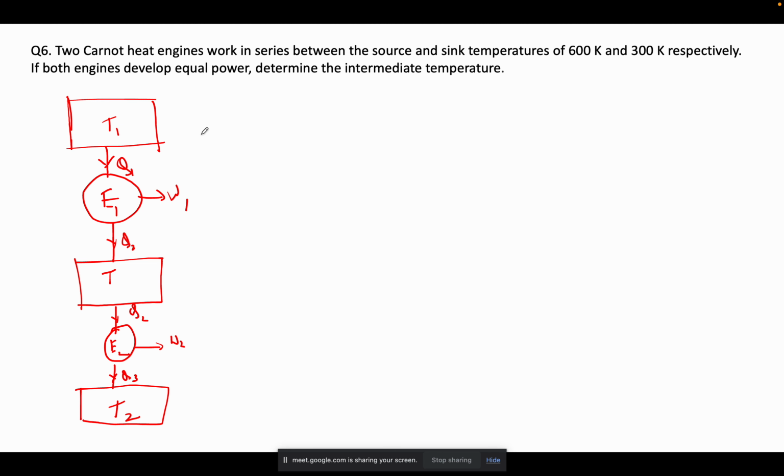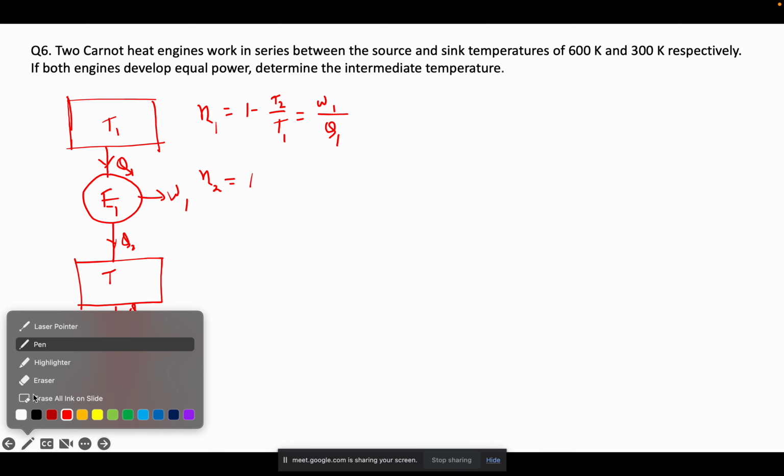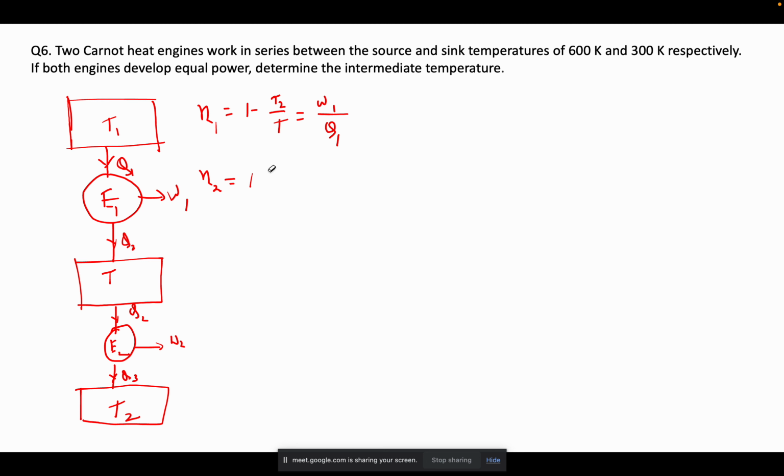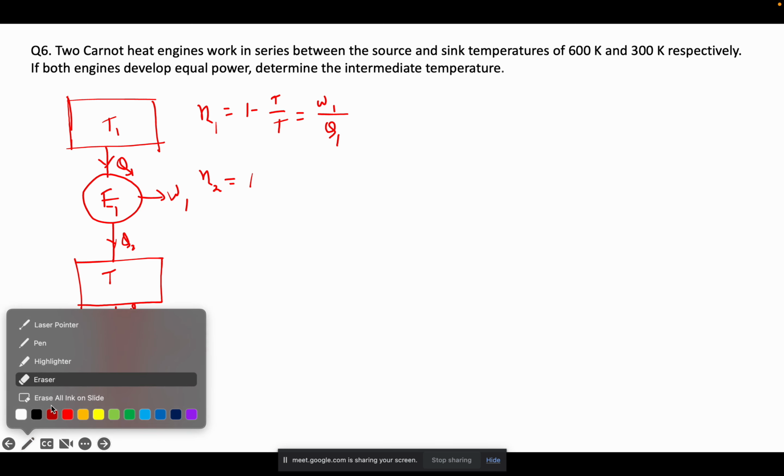Now, T1 is 600 Kelvin. Since this is a Carnot engine, I can write eta 1 is equal to 1 minus T by T1. Oh, I'm sorry, this is not T2 by T1, this is T by T1.